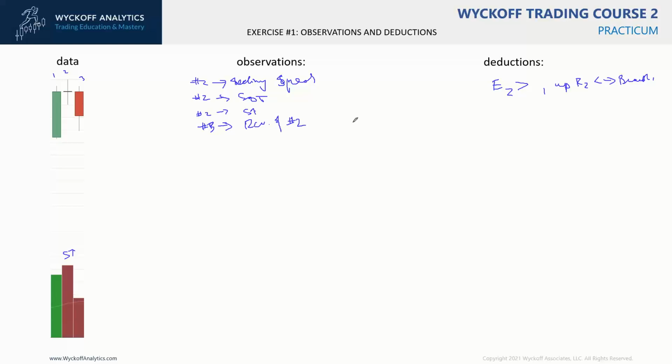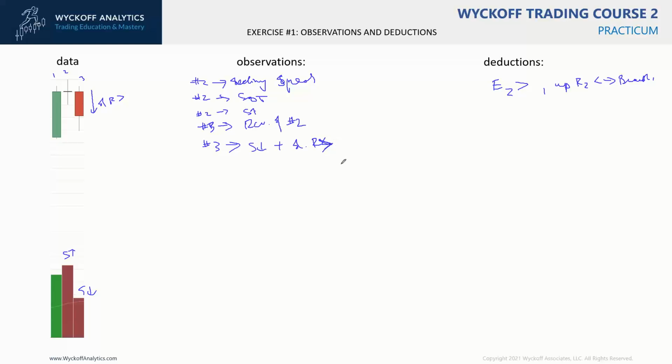Last bar has an ease of movement down, so we're seeing supply going down and expansion of the downward result on bar number 3. Supply is going down plus downward result is increasing.